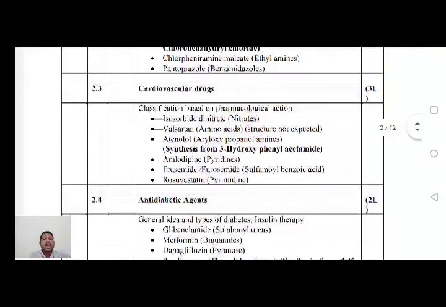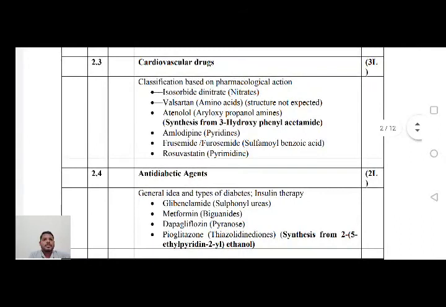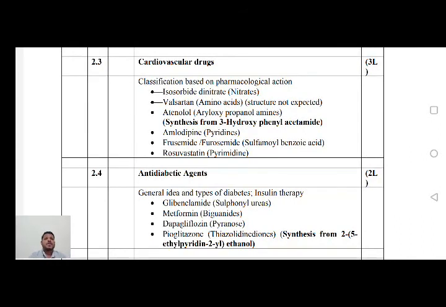Next, cardiovascular drugs, their classification on the basis of pharmacological action, synthesis and side effects.